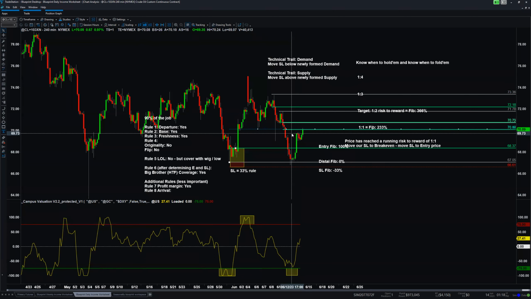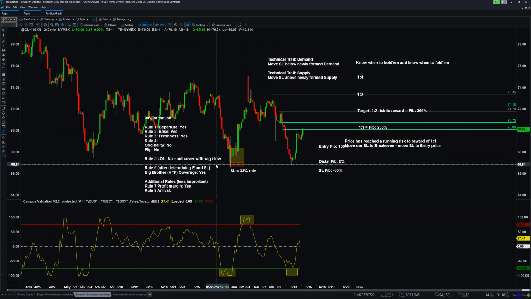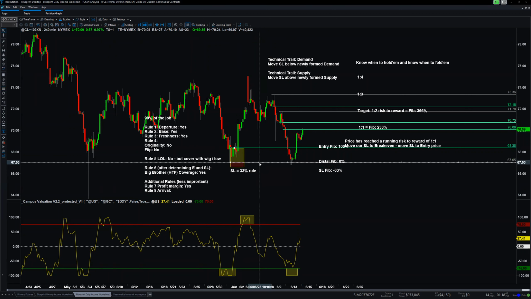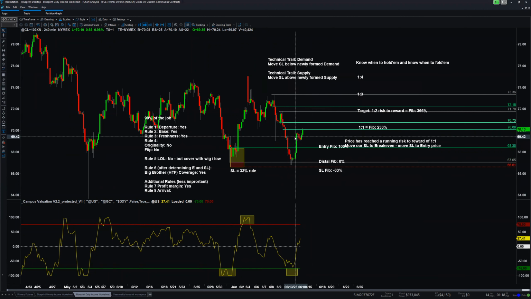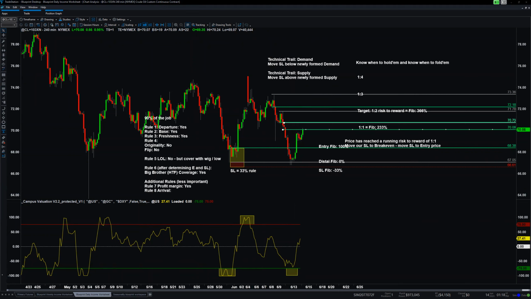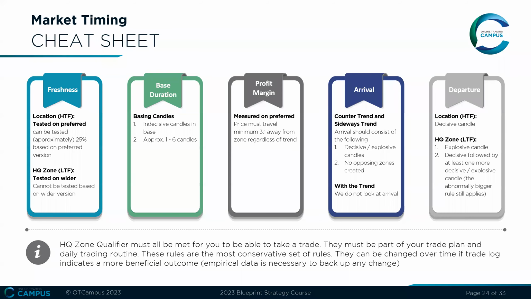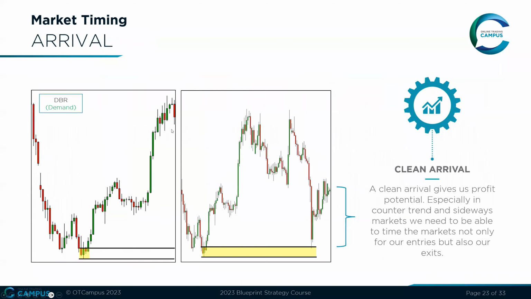In this case, you can see that I'm not paying a lot of attention to that specific rule, because if I was paying attention to that rule, then, where is it?